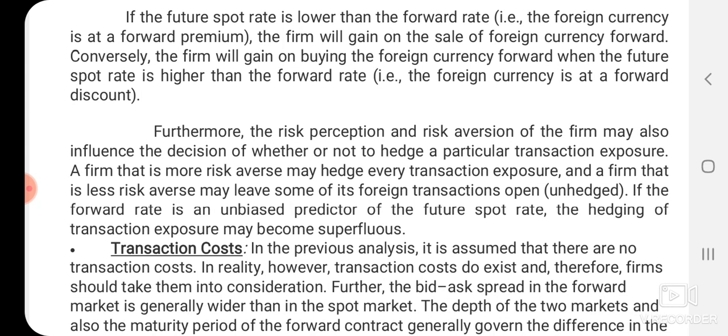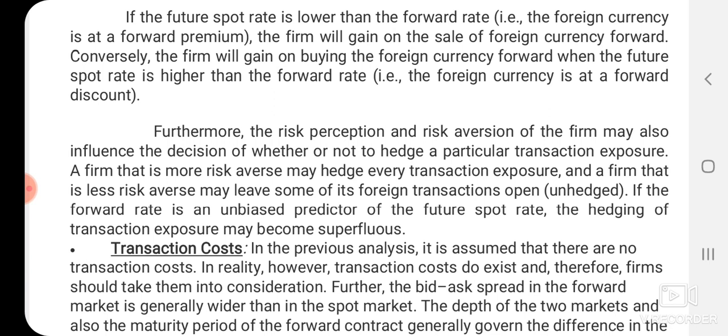Further, the risk perception and risk aversion of the firm may also influence the decision of whether or not to hedge a particular transaction exposure. Based on that decision, they will choose whether or not to hedge.